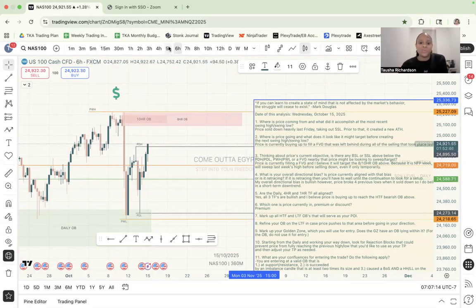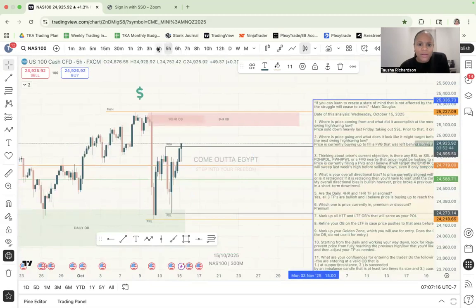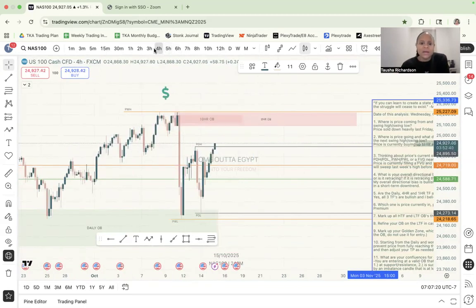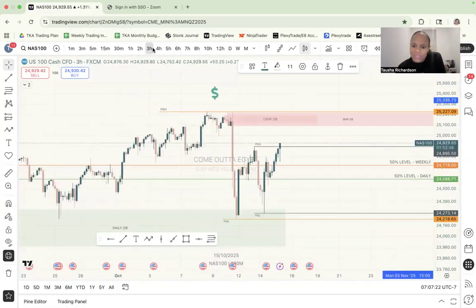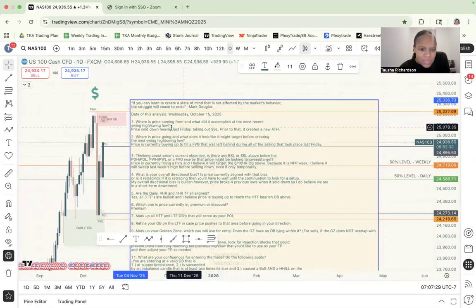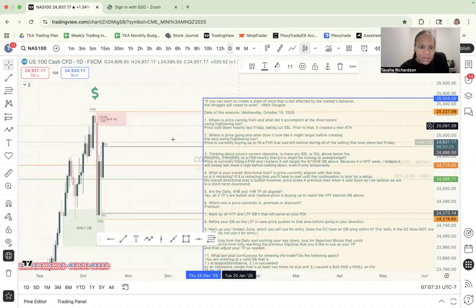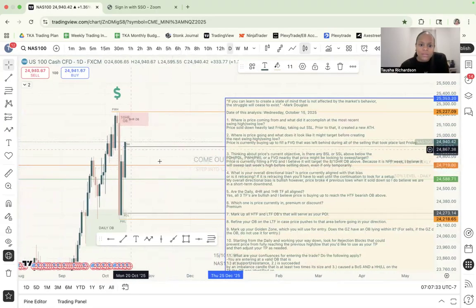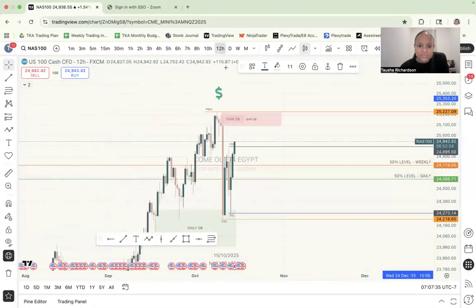But I do like to be aware of order blocks in different directions so that I can understand what price is doing and why it's doing it. So let's just run through all of these and see if we see anything.